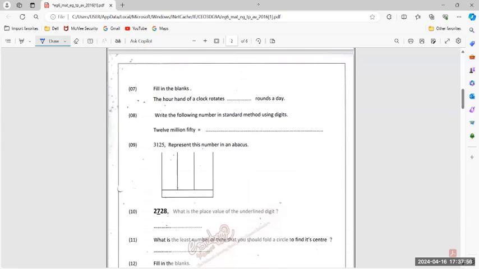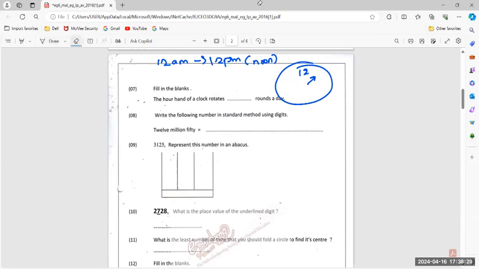Fill in the blanks. The hour hand of a clock rotates how many rounds a day? So we have this hour hand. If it rotates from 12 a.m., which means midnight 12, to 12 p.m., which means noon 12, half of the day is done.